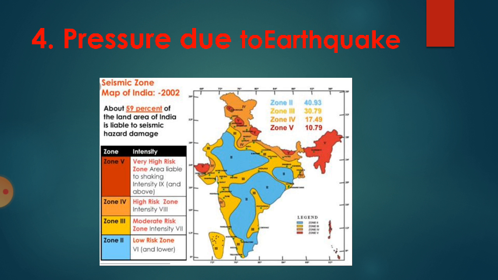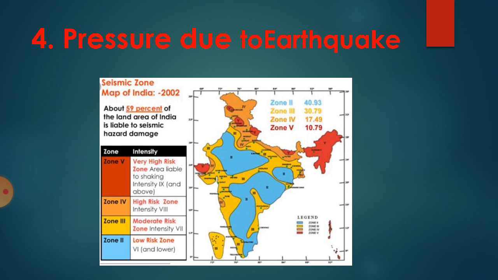Zone 5 can be seen in red color, and the intensity of the earthquake here is very high risk, an area liable to shaking intensity of 9 and above. So if the intensity of the earthquake is 9 or more, it can be considered as zone 5.